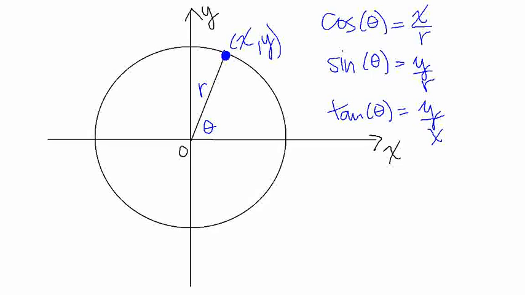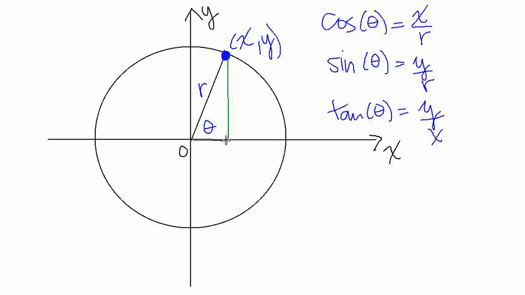Okay? Let me show you now why these definitions are equivalent to the right triangle-based definitions. Okay, so we can draw a right triangle with the given radius as the hypotenuse with legs parallel to the x and y axes.